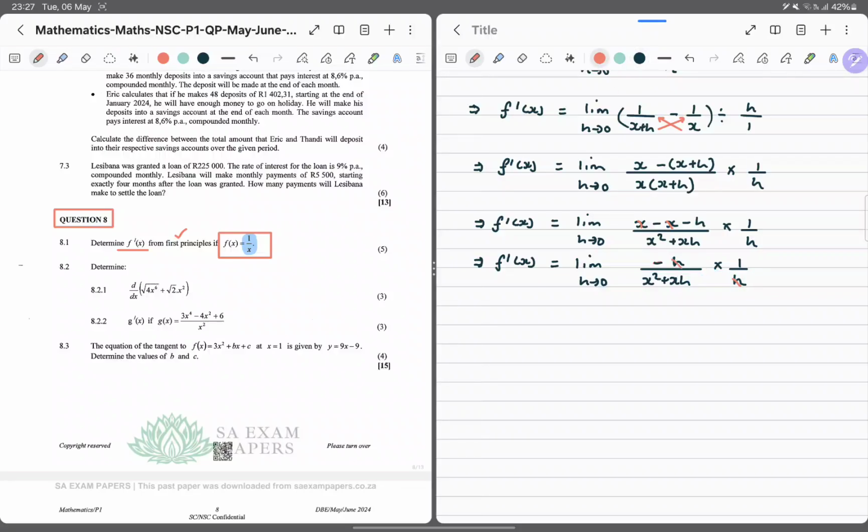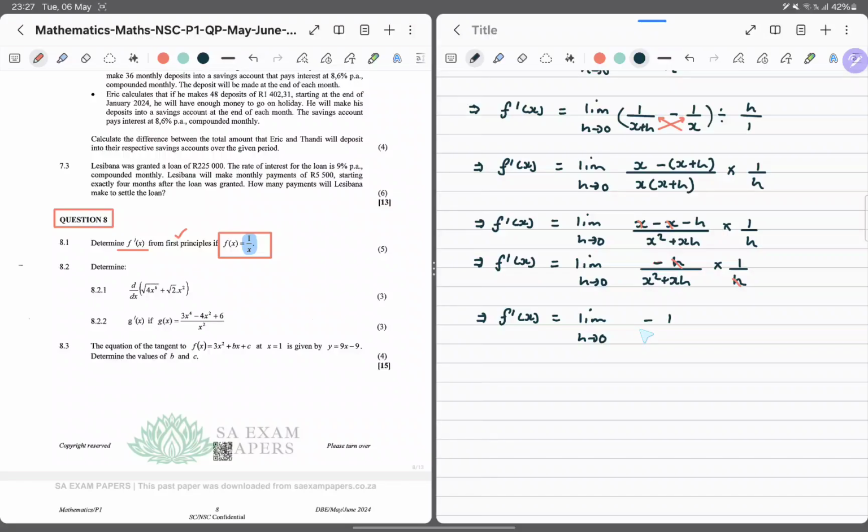Again, we know that those will divide to 1, and 1 is invisible, so we continue that f prime of x here is still the limit. Don't lose faith here. There's a lot of writing this limit as h tends to 0. Now we finally contract this into one single fraction.